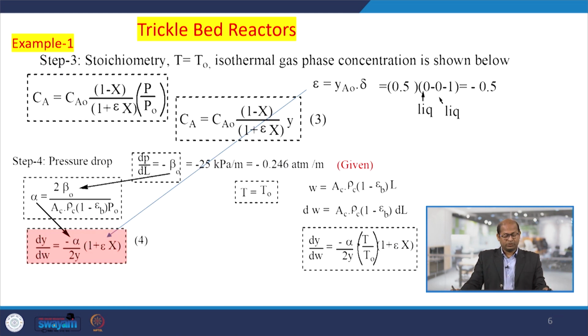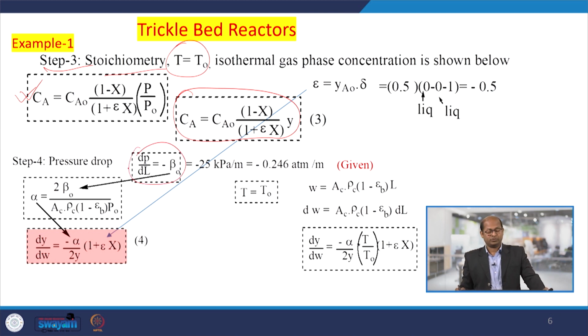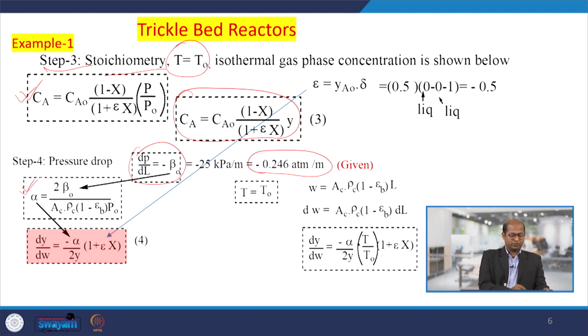We have already discussed step 3, the stoichiometry for isothermal conditions, with concentrations in terms of these. Here the pressure drop parameter is also given, equal to minus 0.246 atm per meter, and we know the alpha value; we discussed these correlations in the previous class.